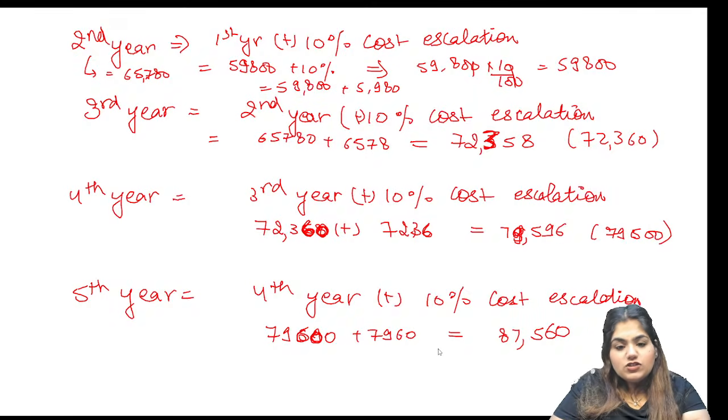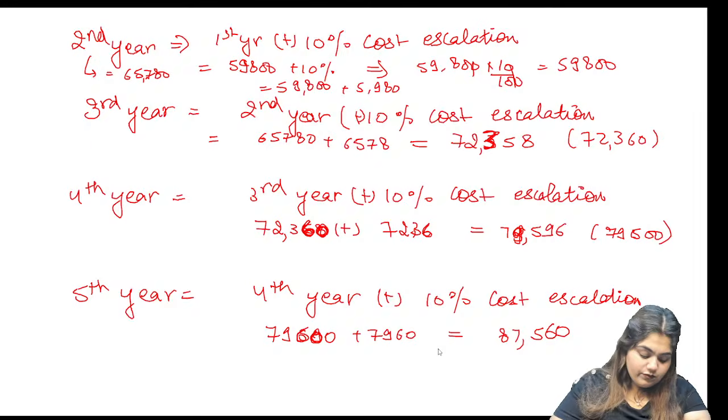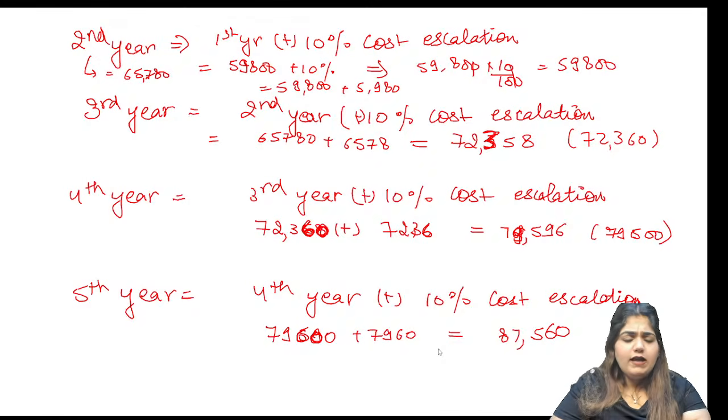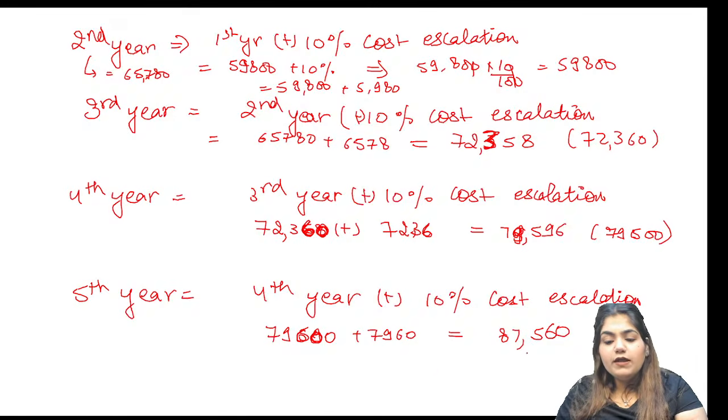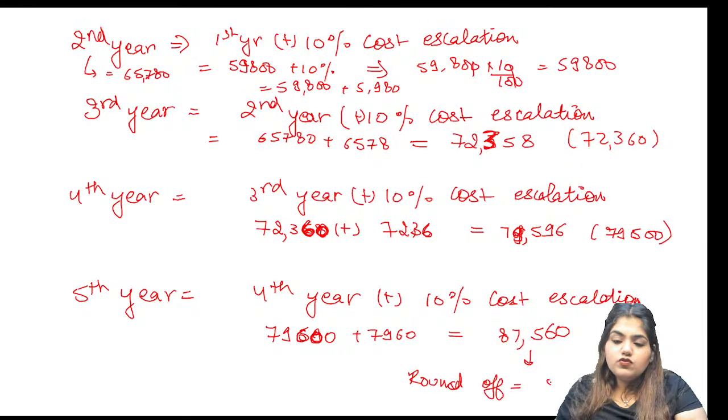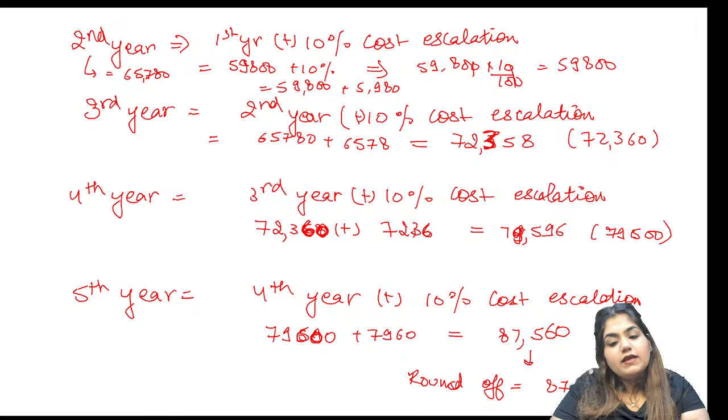Are the calculations clear to every single one of you? ये तो एक्चुअल होना चाहिए. This is the total amount 5 years after as per the calculations. ठीक है. अब हम round it off क्योंकि 5 units से ऊपर है. 87,600 का लोन we can give.